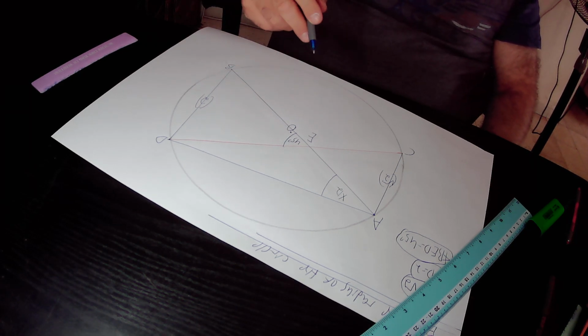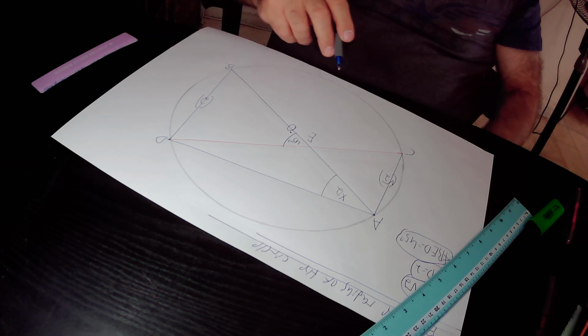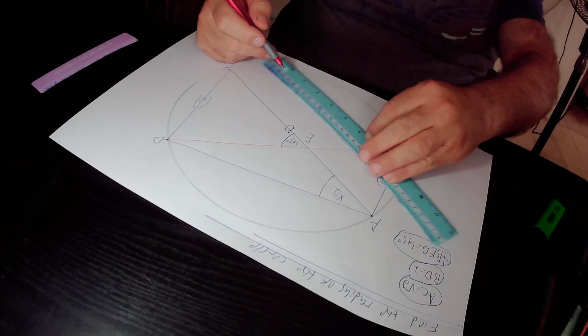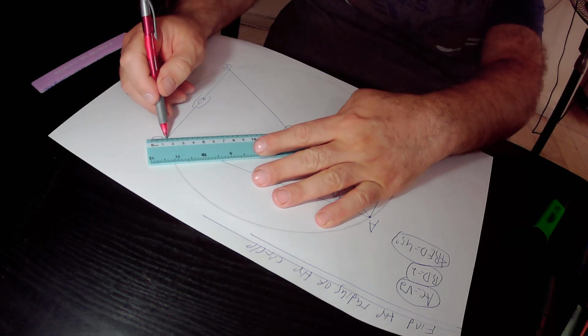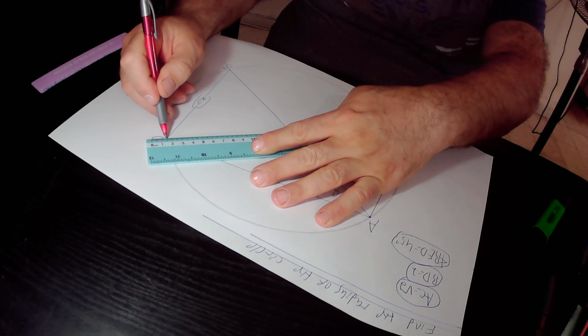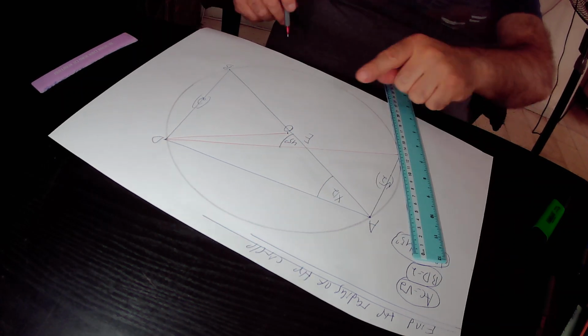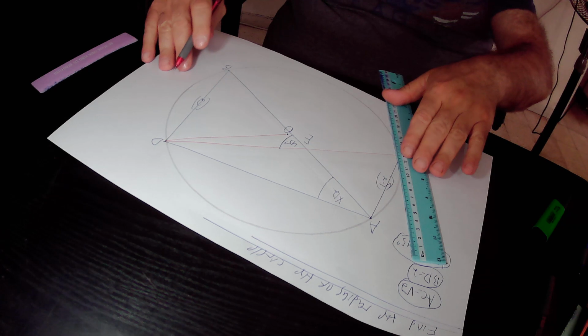In the next step, we join points O and D together by a straight line. Likewise, we join points O and B together by a straight line.